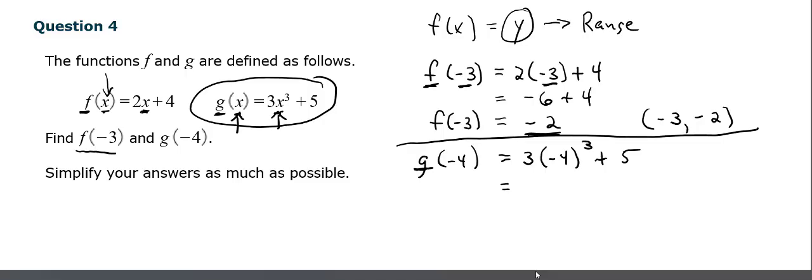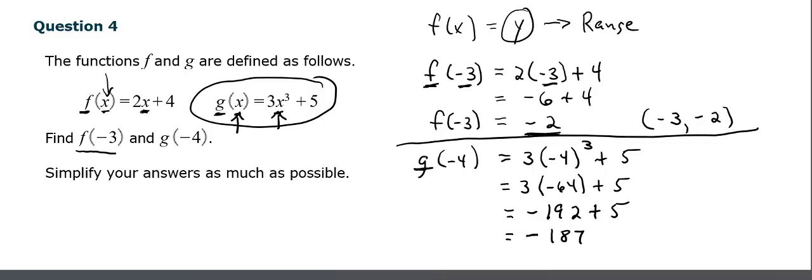So negative 4 to the third power is negative 64 plus 5. So next we do our multiplication. So we multiply 3 times negative 64, and that gives us negative 192. And next we add negative 192 plus 5, and that gives us negative 187.